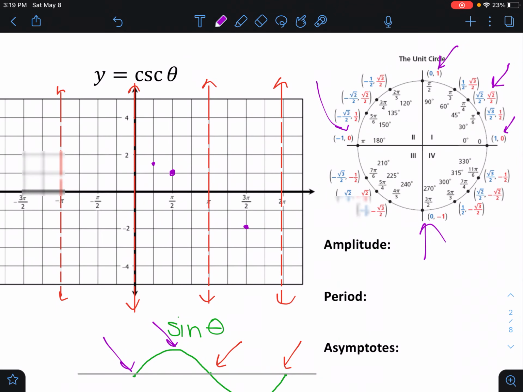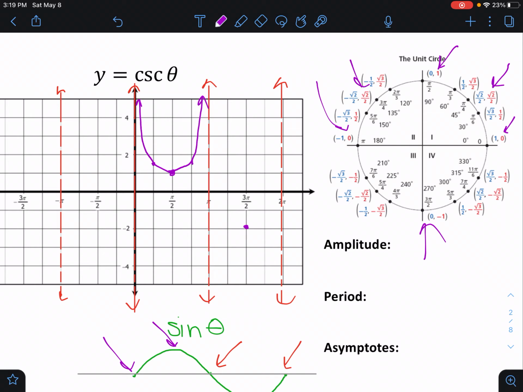Now if I do that at 3 pi over 4, I also have the same thing, so it's something like right here. Now, really, what you get looks sort of like a mini parabola. That gets really close to these asymptote lines, but remember, they can never touch.